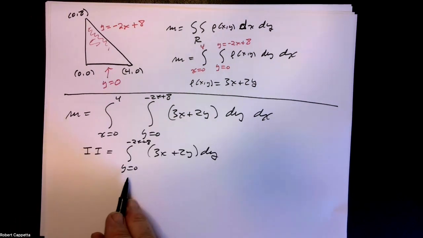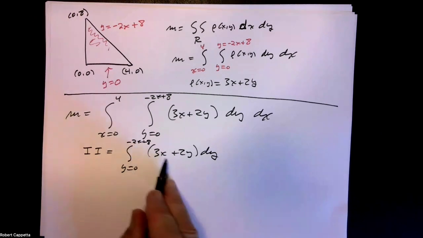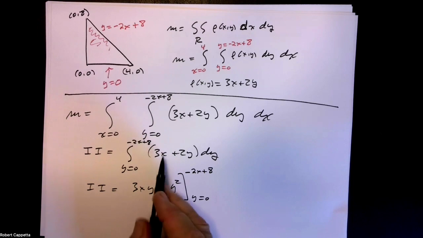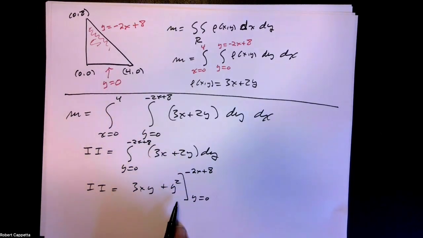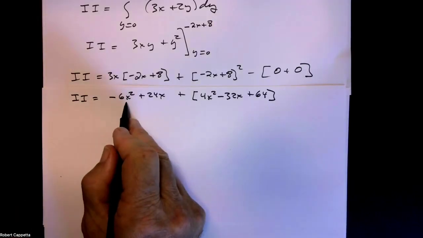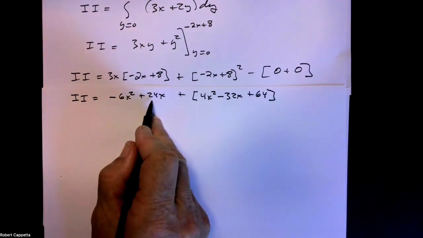Starting with the inner integral, y goes from 0 to negative 2x plus 8 of 3x plus 2y dy. The antiderivative would be 3xy plus y squared, evaluated from 0 to negative 2x plus 8. Doing our substitution, 3x times negative 2x plus 8 plus negative 2x plus 8 squared. Distributing here, negative 6x squared plus 24x.